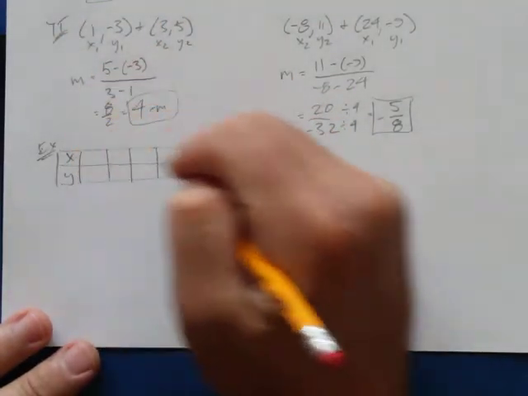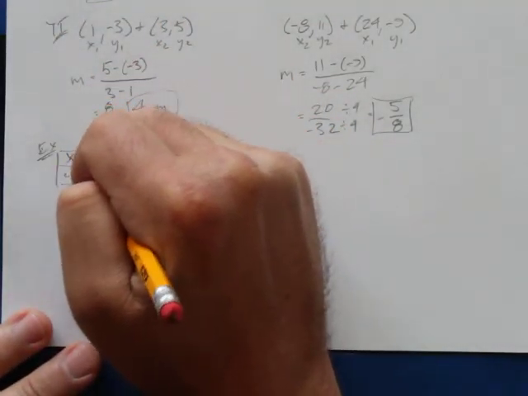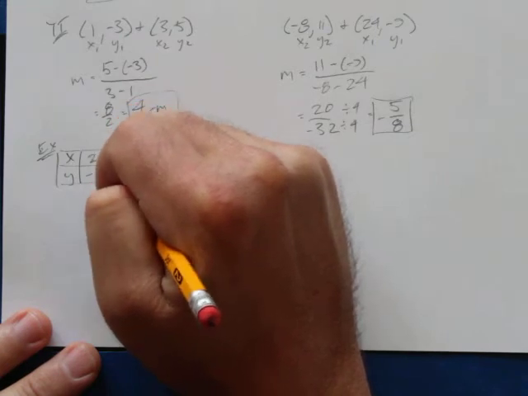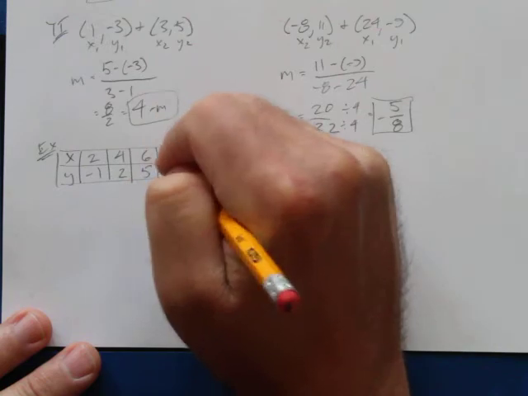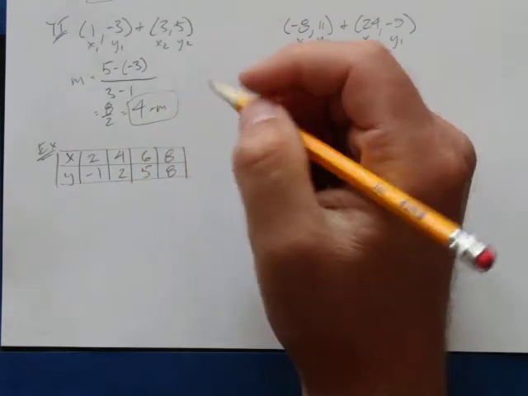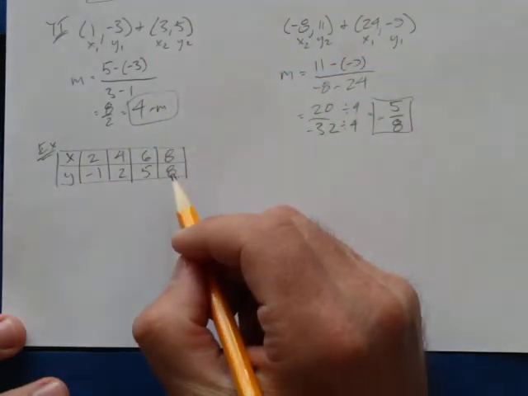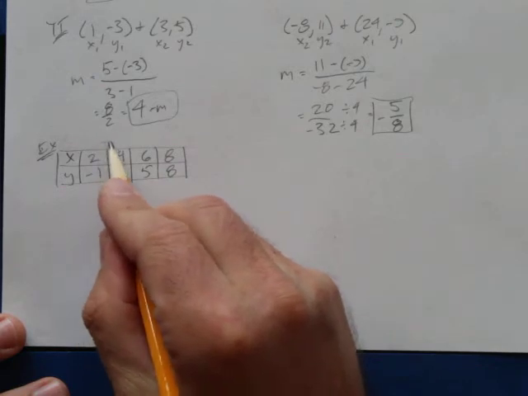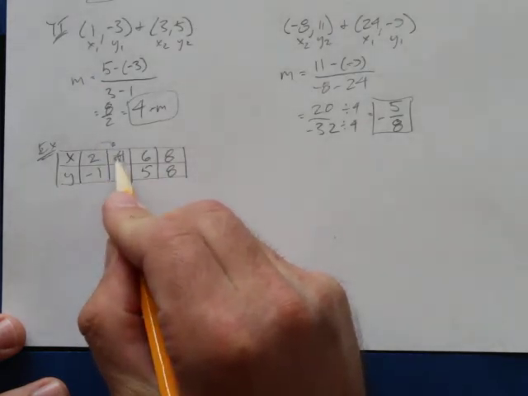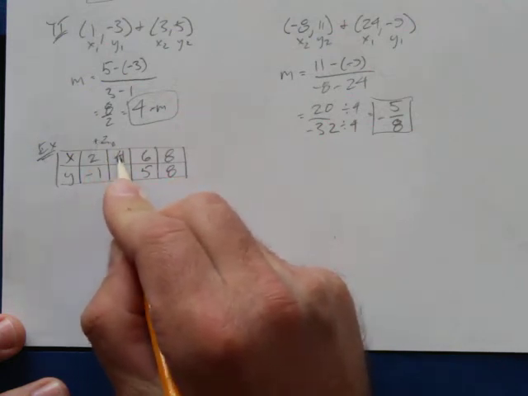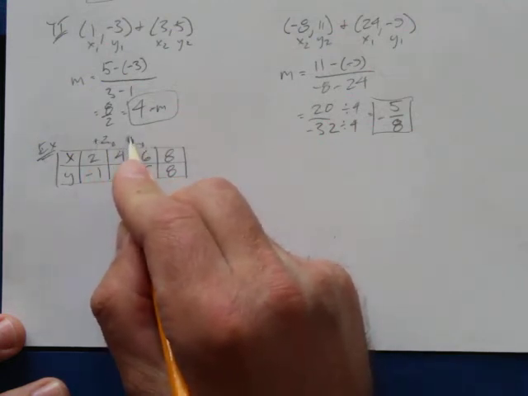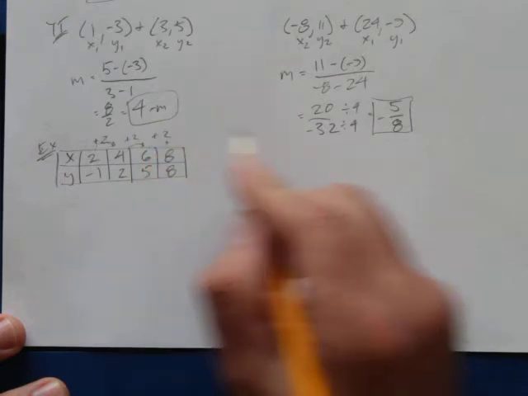Okay, so when x is 2, y is negative 1, x is 4, y is 2, x is 6, y is 5, and x is 8, y is 8. So now when you're given a deal like this, we're just going to count from here to here. What's the difference between 2 and 4? It's plus 2, right? 2 to 4 is plus 2. 4 to 6 is plus 2. 6 to 8 is plus 2.